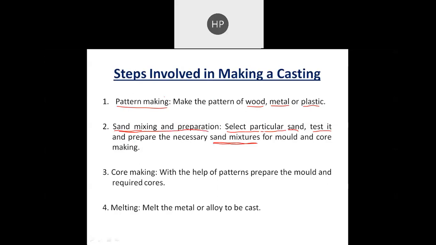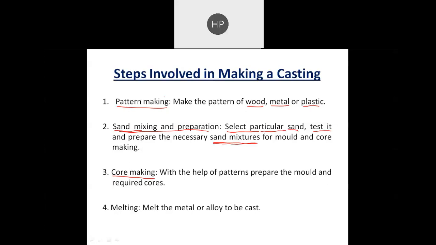After making the pattern and properly mixing the sand, the third step is to make a core. Core making is a process where we want to make a hollow part, or some holes inside a particular mold. Core making is an optional process; it depends upon the requirement. In some cases we do not require any hole, so we do not go for core making.